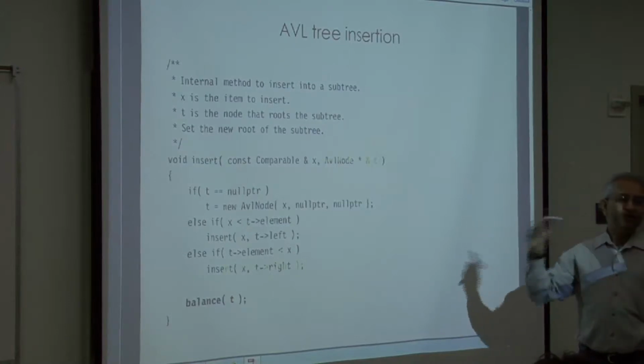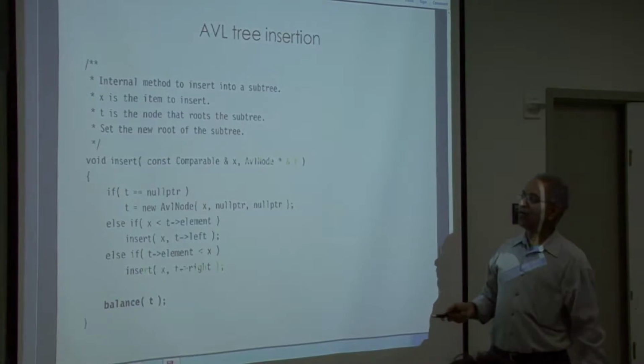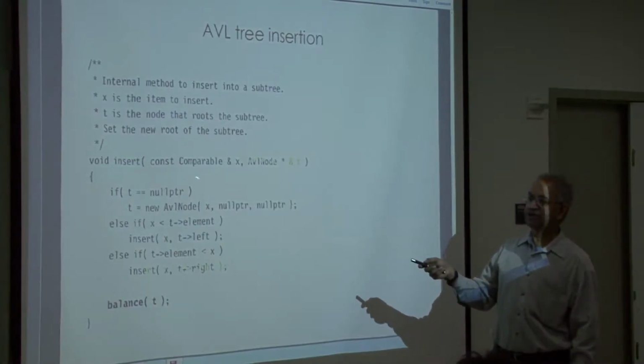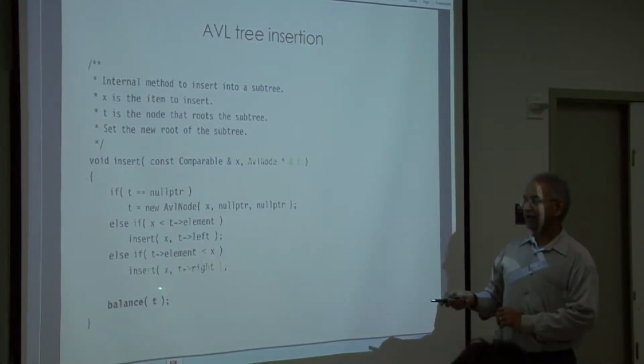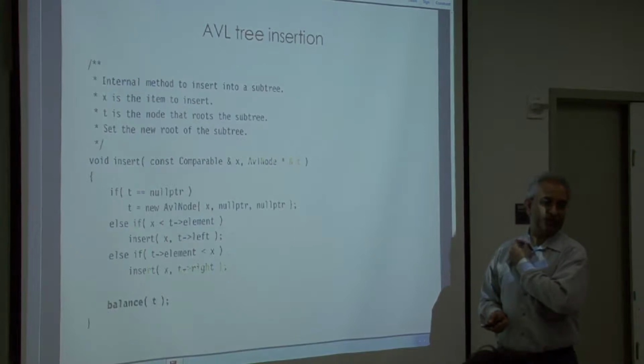And therefore, you never have to do this more than once, okay? And therefore, the overall complexity of insertion is order H. And furthermore, the number of times you have to call the balance function is only a constant.